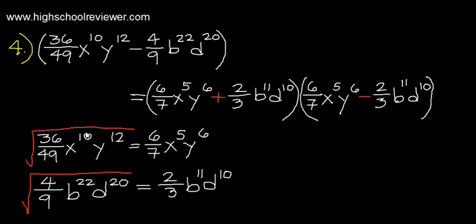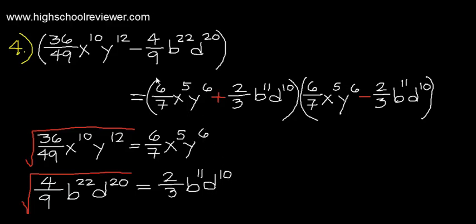Get the square root now. 36 over 49 x raised to 10 y raised to 12: its square root is 6 over 7 x raised to 5 and y raised to 6. The square root of 4 over 9 b raised to 22 and d raised to 20 is 2 over 3 b raised to 11 and d raised to 10.